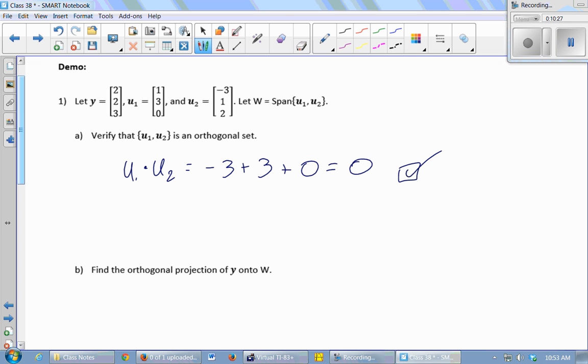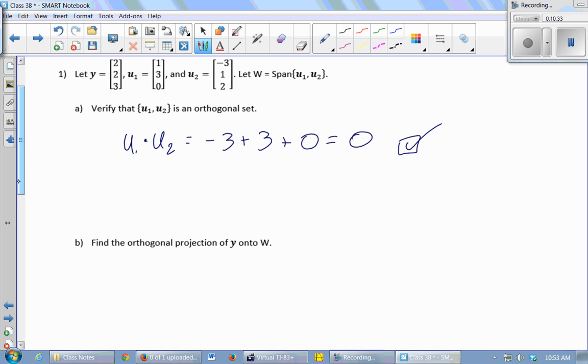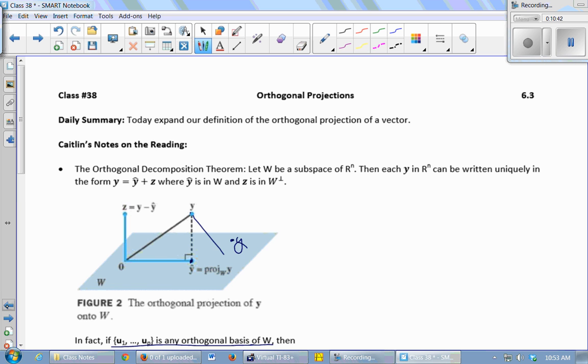All right, so I want to find the orthogonal projection of y onto W. So y hat is, does it start with y or u1? I don't remember. It starts with y.